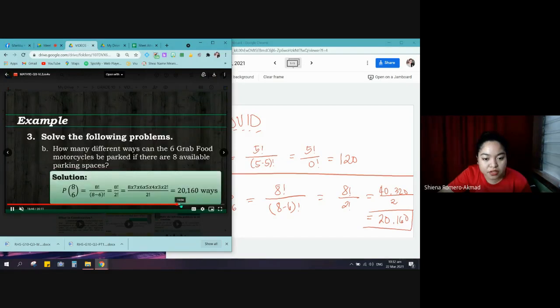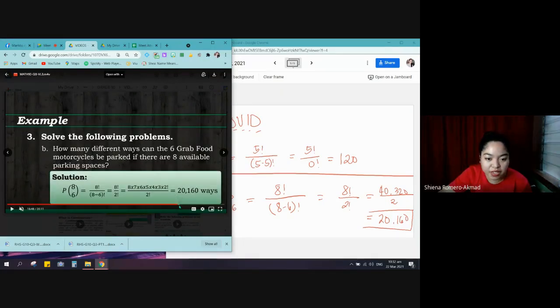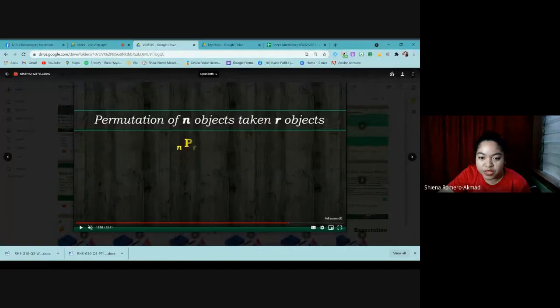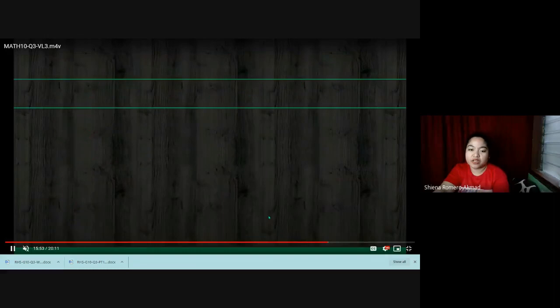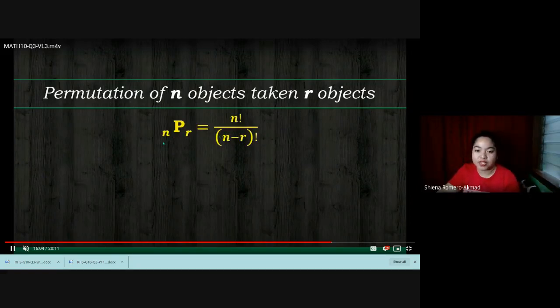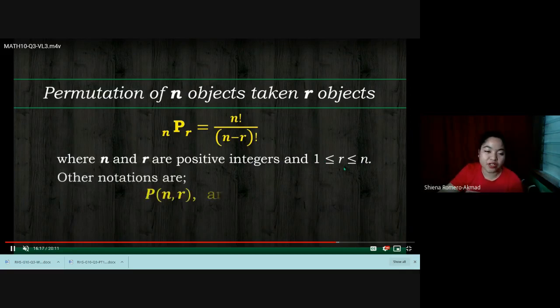Ito bilang walang C. So, all you have to remember is that when you deal with permutation, you have to solve the problem using the formula: permutation of n objects taken R at a time, where n stands for the number of objects and R stands for the chosen objects, where n and R are positive integers and R is greater than or equal to 1 and less than or equal to n.